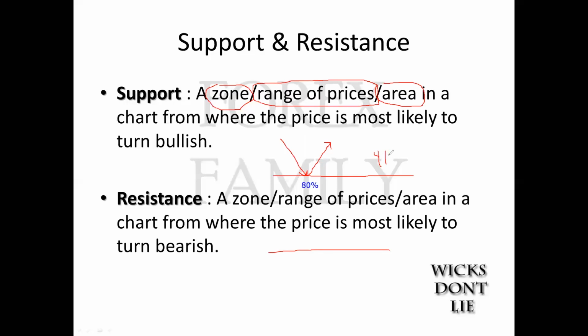This is not 15-minute, 30-minute or 1 hour. None of that. It's your 4 hour time frame, because I always look at 4 hour time frames, and price reverses from these areas. So if you have a 4 hour time frame and you have this resistance, there's again an 80% chance that the price is going to reverse.